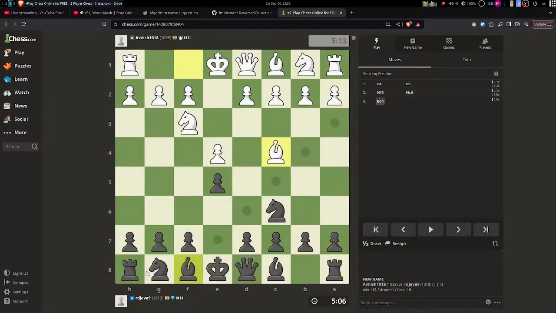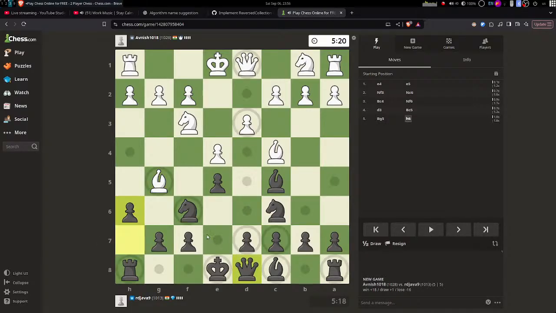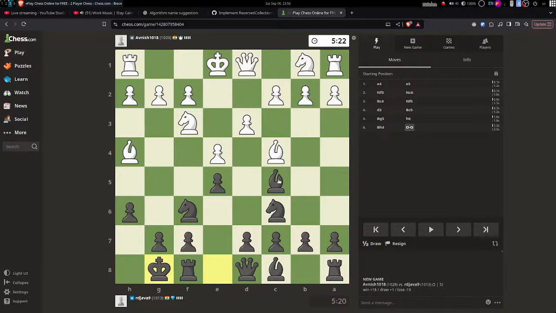Okay, position seems quite simple. We are developing. I do not know what is there. I think it's better to get back once, right? So that this knight is unpinned.